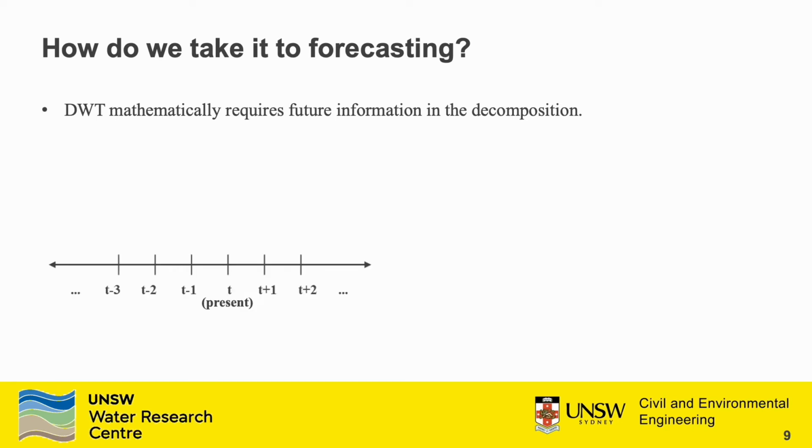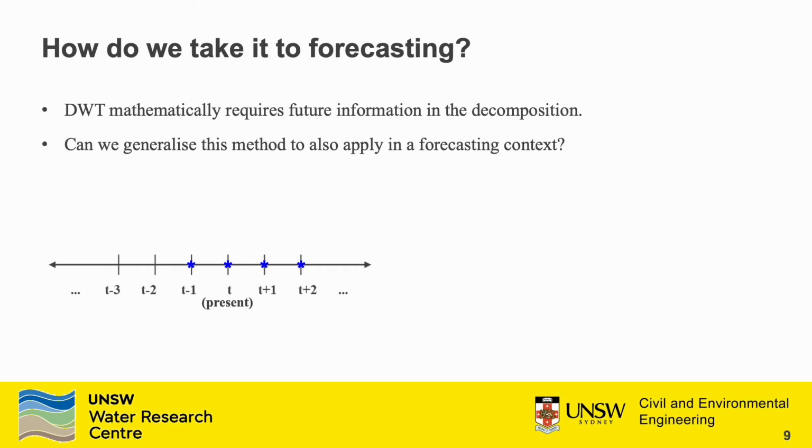For example, we have a signal along the timeline, and t is the present. When we calculate the decomposed time series at any given time step, it needs the information from the past, the current, and the future. However, in reality, the future information is not available. This is okay for applications like statistical downscaling, but it cannot be used in forecasting.